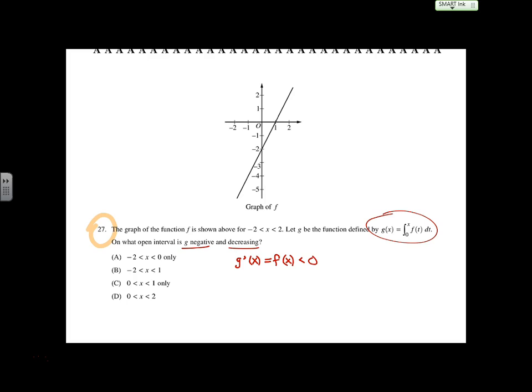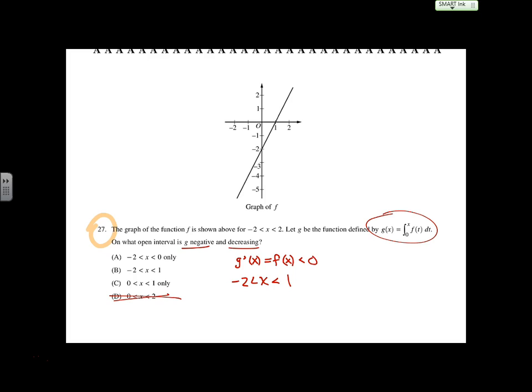So right away we know that that's only true for X greater than negative 2 and less than 1. So anything that goes above 1 is an automatic out, which is only letter D.